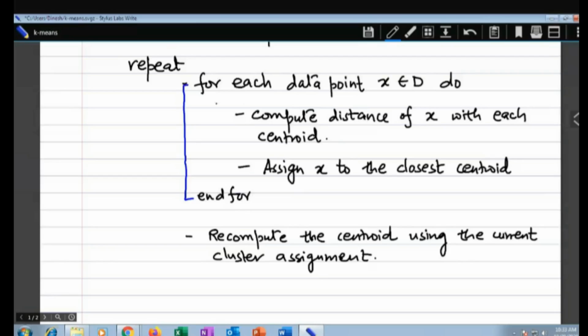Initially you will have some centroids, then in this loop you will have the new assignments, and after that you will recompute the centroids. And this will go on and on.